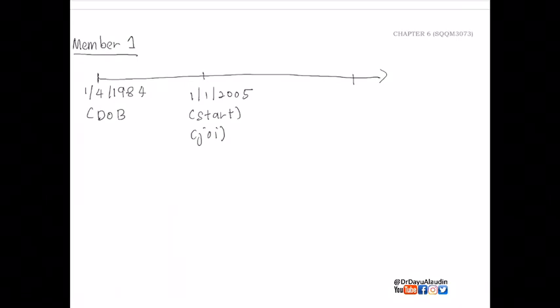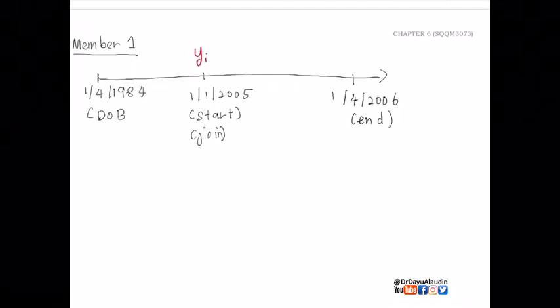The observation ends at 1st April 2006 because the end follows the member's birthday. So the interval estimate, how to determine the yi?